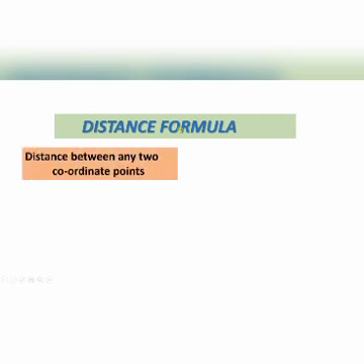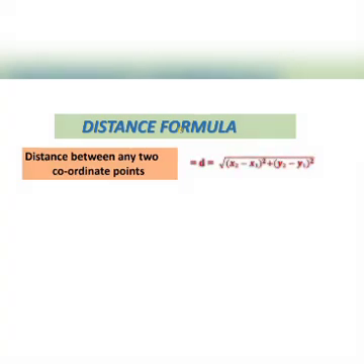So, the distance formula, when two points are given, as it's shown in the video, the first formula is: the distance between any two coordinate points, that is d, is equal to the square root of (x2 minus x1) whole square plus (y2 minus y1) whole square.